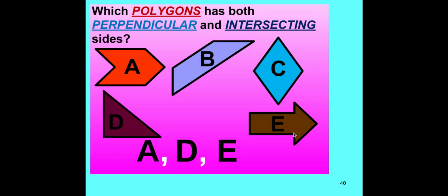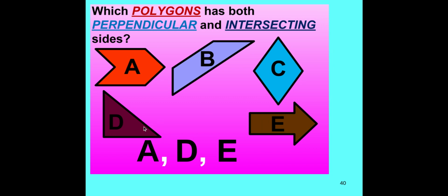For shape A, we have perpendicular sides because this corner right here makes a perfect right angle. And we have intersecting non-right angle sides. B, there are no right angles, so nothing is perpendicular here, and that is the same with C. Nothing is perpendicular, making a right angle.